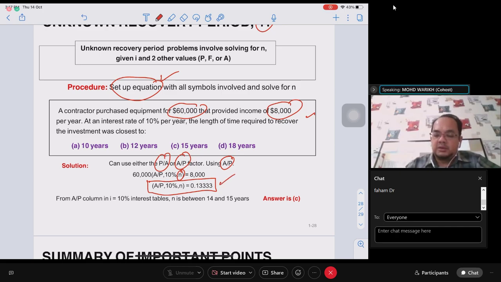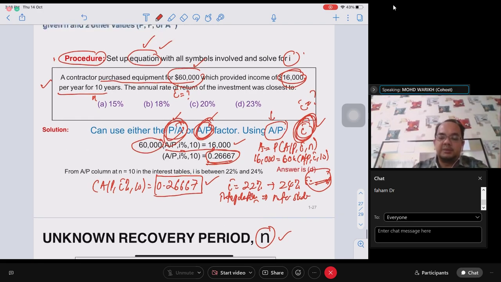So refer to tables. Which one is the closest one? But this one only refers to the page 10%. It's different from the first one. We don't know which page because the keyword to refer to the table is I. But in the question we don't know the I, so that's why we have to refer to each page.